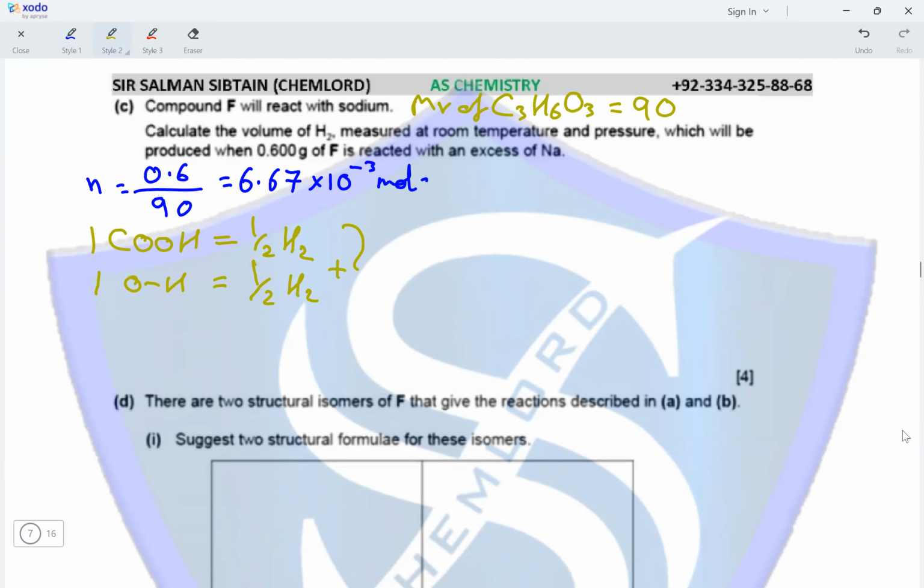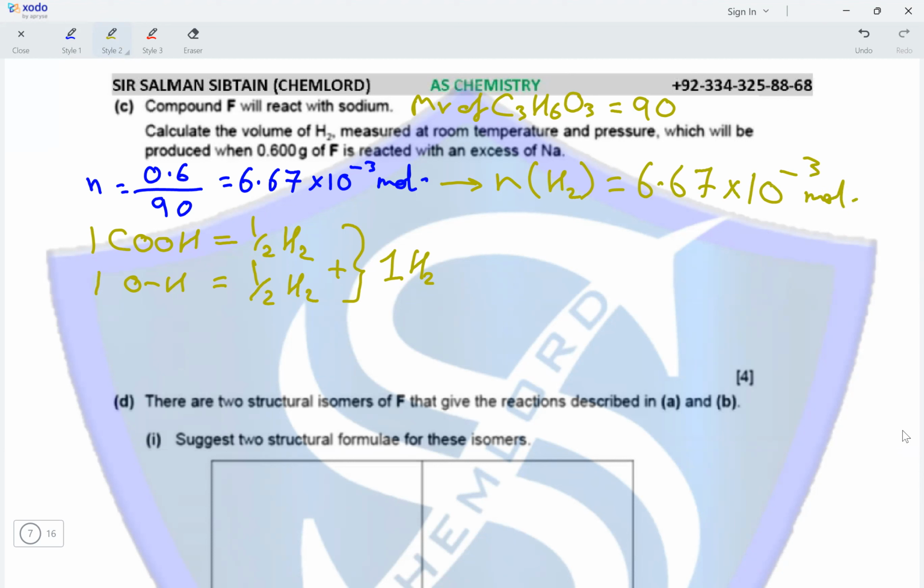When we add these two together, we end up with 1 mole of hydrogen gas produced per mole of F. So if we have 6.67 × 10⁻³ moles of F, then the moles of hydrogen would also be equal to 6.67 × 10⁻³ moles.